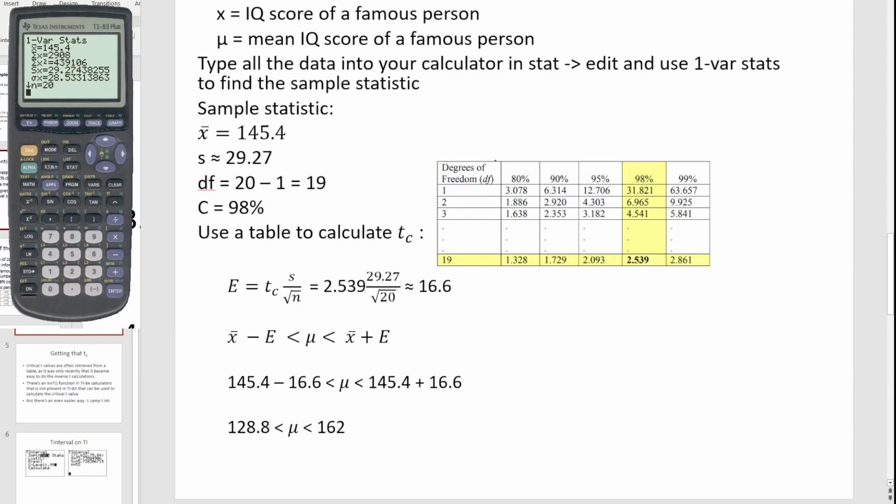Once we look at stuff from Chapter 7, because in this case we're doing Chapter 8 before Chapter 7, we're going to be looking at questions like, is the mean IQ score of a famous person different from the mean IQ score of a non-famous person? As in, is the mean IQ score of a famous person higher than the mean IQ score of a non-famous person, for instance? We'll be looking at those kinds of questions.